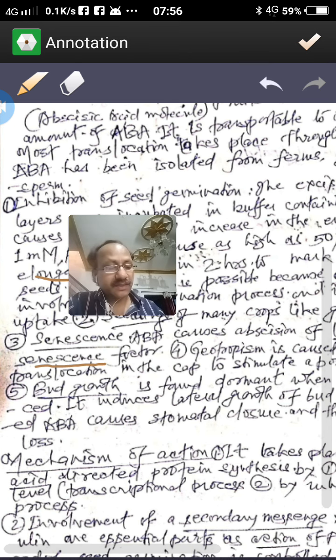So that process is inhibited, and thereby the protein synthesis is inhibited. So it directly inhibits mRNA and the ribosomal unit, thereby inhibiting protein synthesis. So it is a very complicated process inside the synthesization of protein.